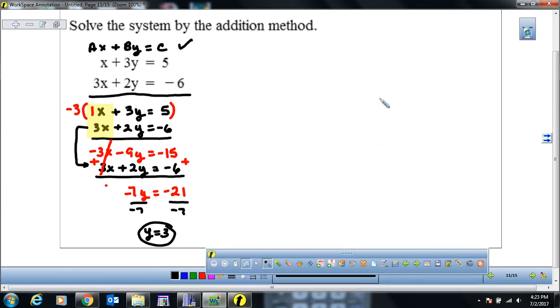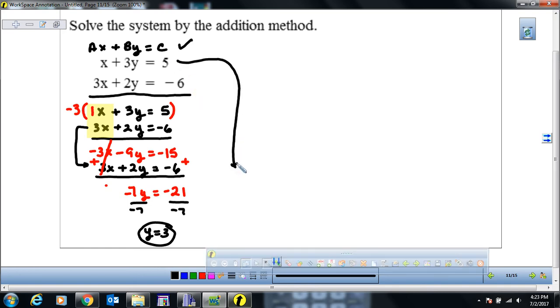So we already know from the solution that y is equal to 3. All I need to find out is what x is equal to. So we're going to go back to one of the two original equations and replace the y with the 3. I'm going to go to the first one, x plus 3y equals 5. Since y is equal to 3, I replace the y with the 3.